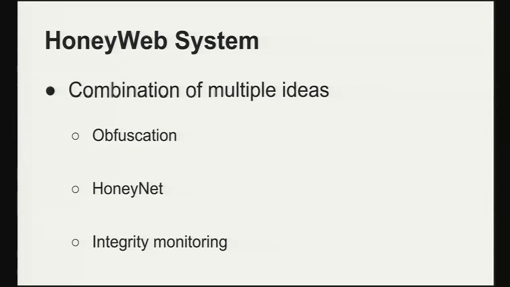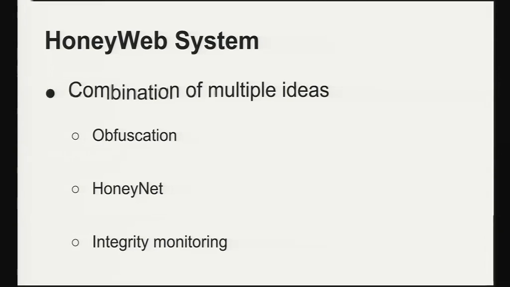The second idea we use is the HoneyNet. That one is to fix the problem of obfuscation that it couldn't detect the Trojan. So basically, we inject something to attract the Trojan to inject things there. Combined with obfuscation, we have both prevention as well as detection functions.